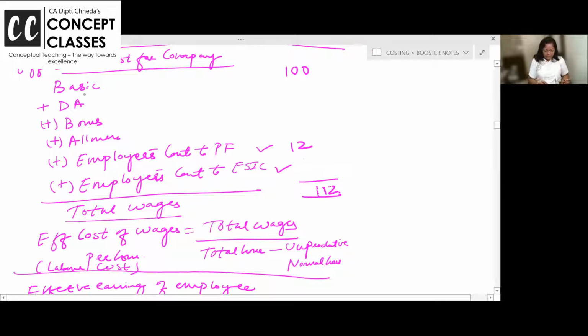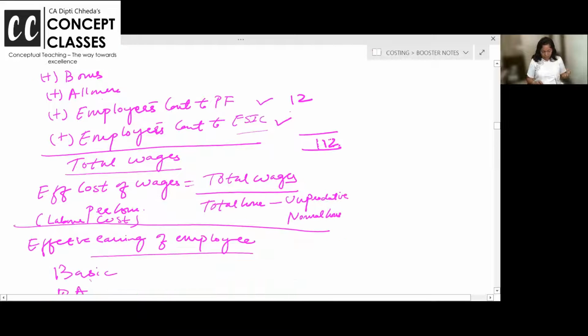Now, so basic, DA, bonus, allowance, PF, like that ESIC is also there. Employee State Insurance Corporation. So total wages you got, and total wages, if you divide by total hours, you will get what is your effective cost per hour or per unit. Now here, unproductive normal hours you have to minus.